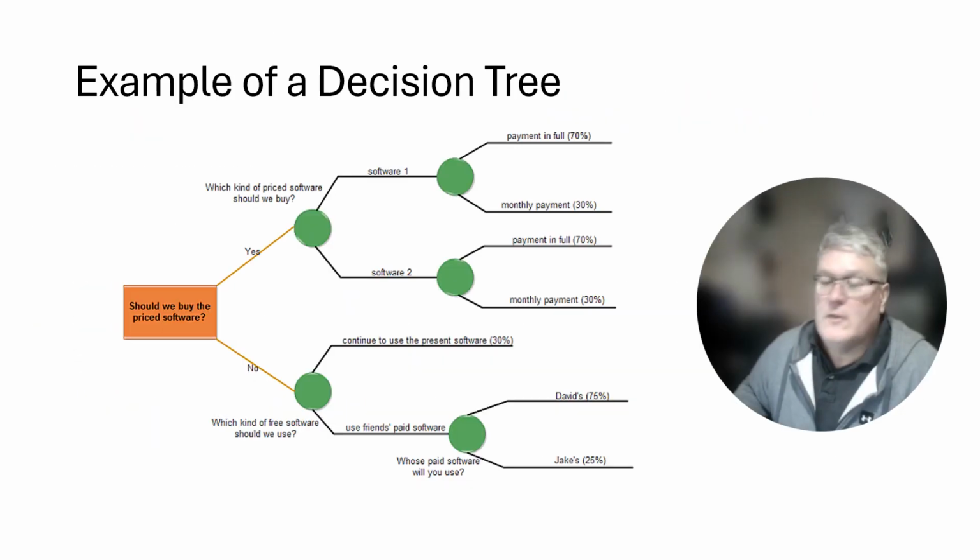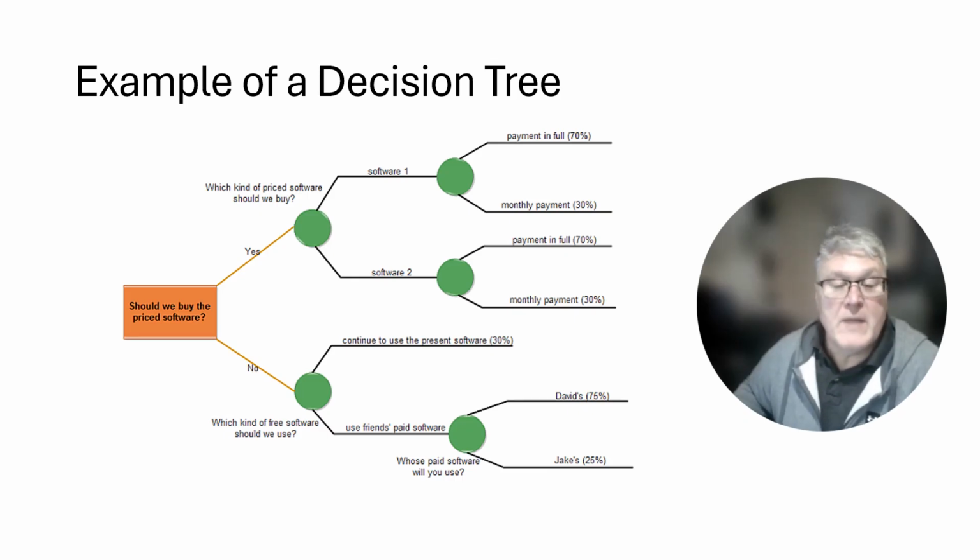Here's an example of a decision tree. Questions begging to be asked: should we buy this software? If the answer is yes, do we go with one software or another software? If we buy one software, what's the probability that we'll pay in full for the software? 70%. If not, we'll make monthly payments, and that would be at 30%.